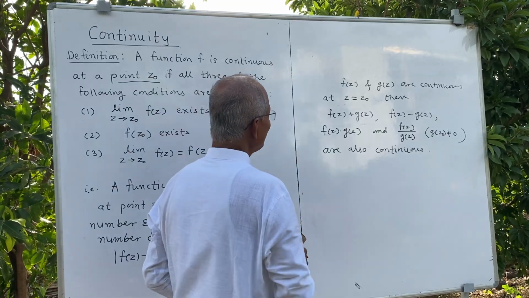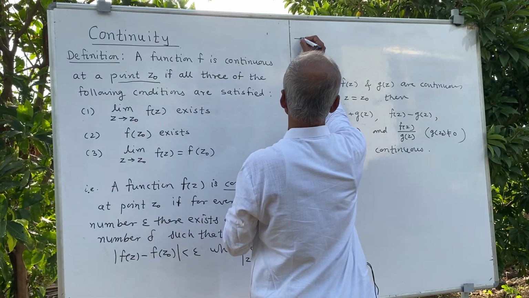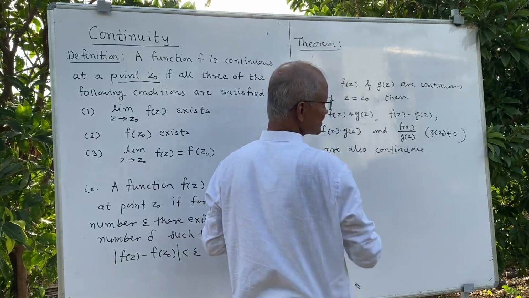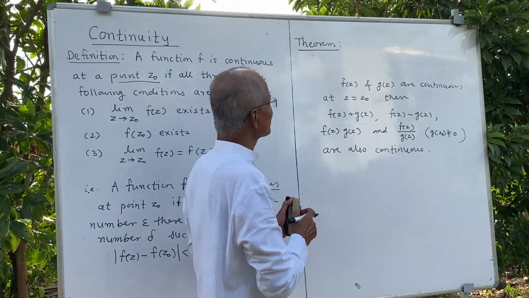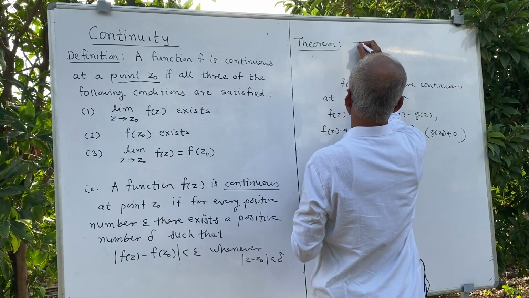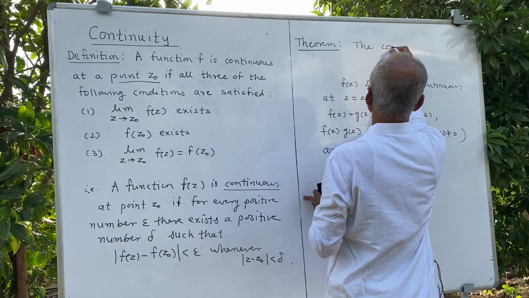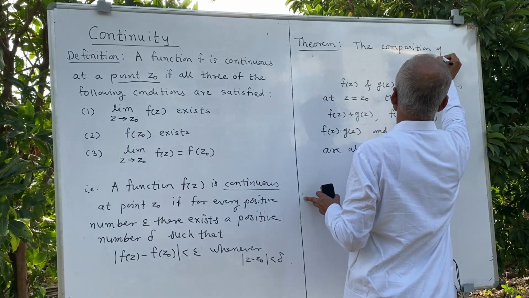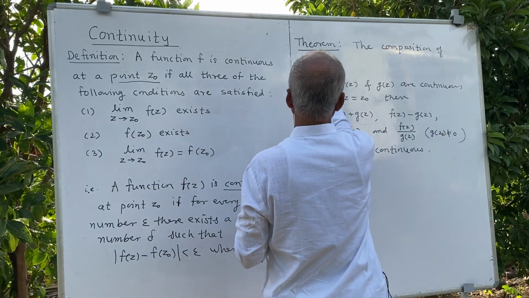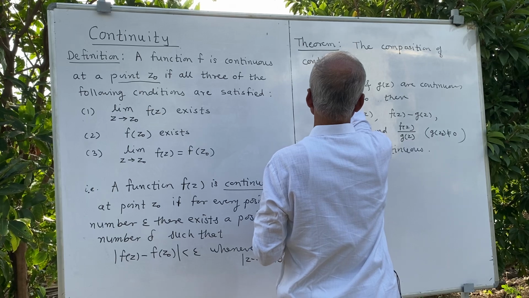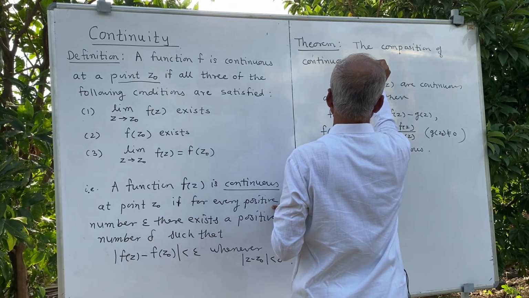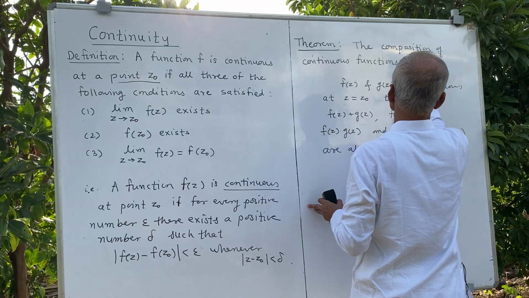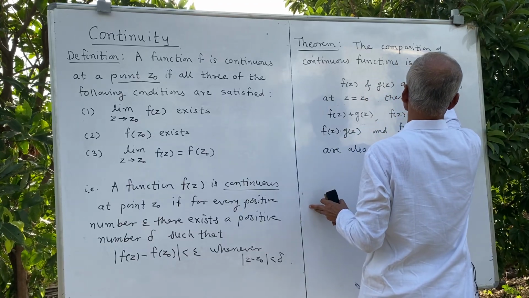Now we will prove a result as a theorem. The composition of two continuous functions is continuous. The composition of continuous functions is itself continuous.